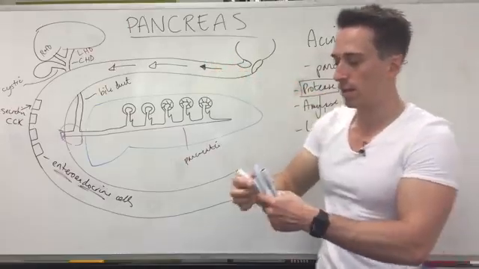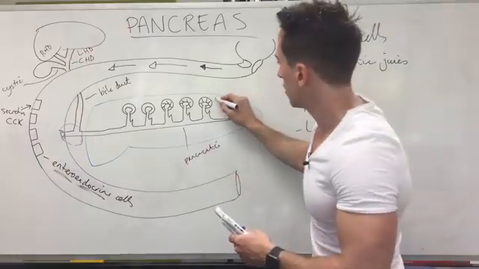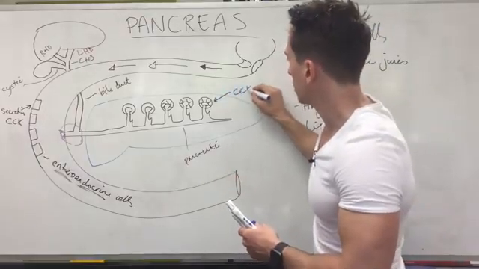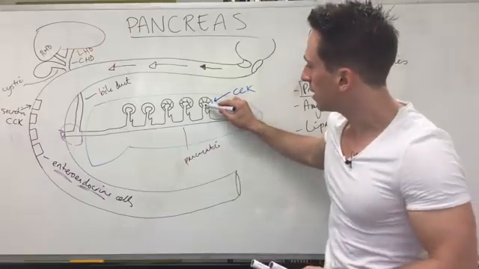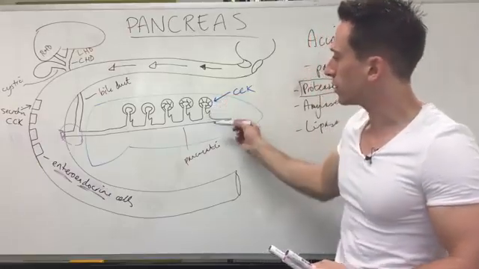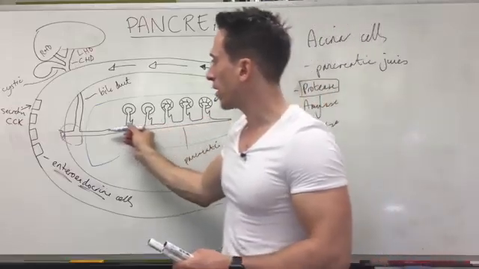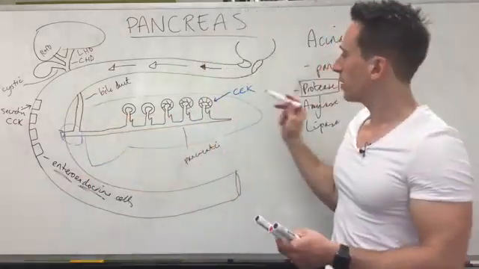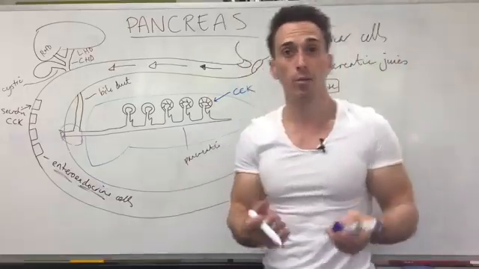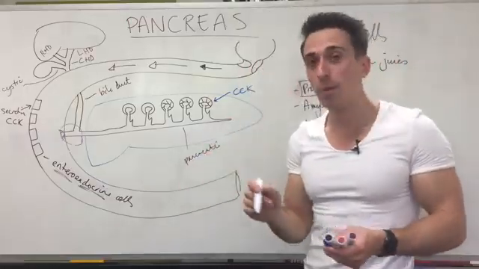Now, what stimulated them to release? I told you it was the CCK. So CCK stimulated acinar cells to release these pancreatic juices into these interlobular and interlobular ducts, and then into the pancreatic duct, where it'll finally be released into the duodenum. But they are inactive, because there's an inactivator within these pancreatic juices that keeps them inactive.